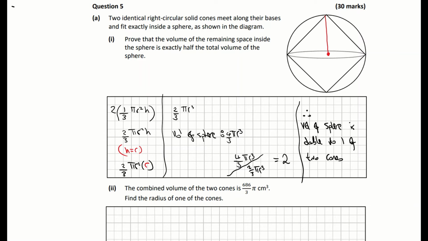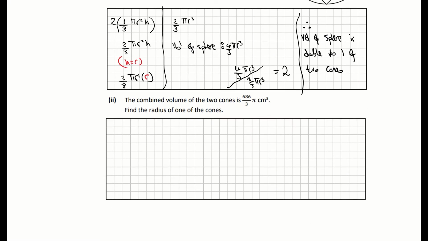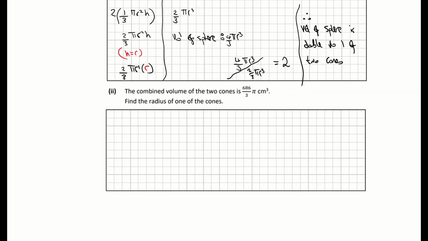And that's part 1. Part 2 is telling us that the combined volume of the 2 cones is 686 over 3 pi centimeters cubed. Find the radius of one of the cones. So the volume of 2 cones is 2 multiplied by 1 over 3 pi r squared h, similar to part 1.